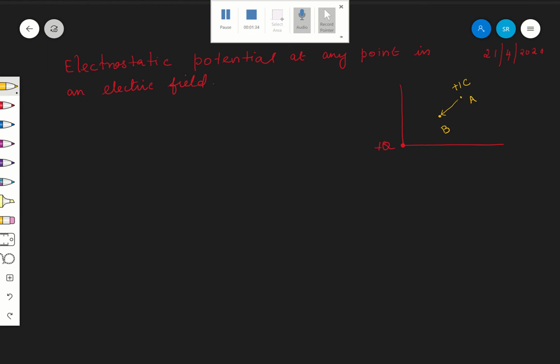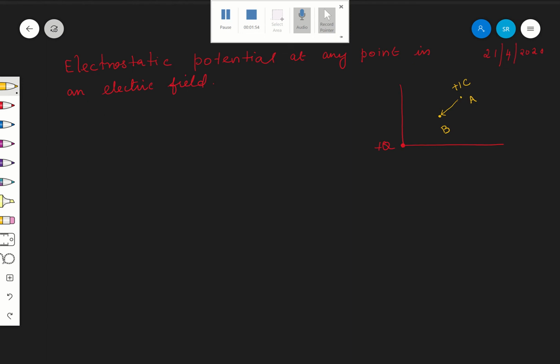For that, how much work has to be done by the external force? That is the measure of the electrostatic potential difference between the points A and B.